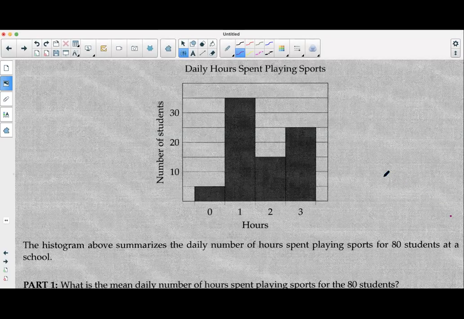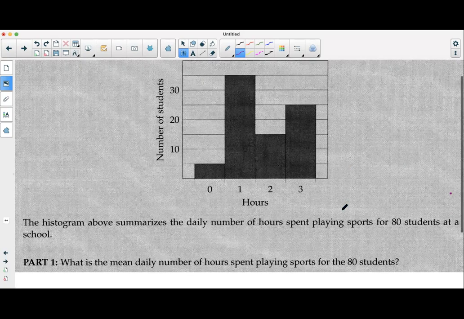So how about here, guys? In the histogram above, and of course, in this case, calculators are allowed. What is the mean daily number for this case? Can you guys find it and then let me know?